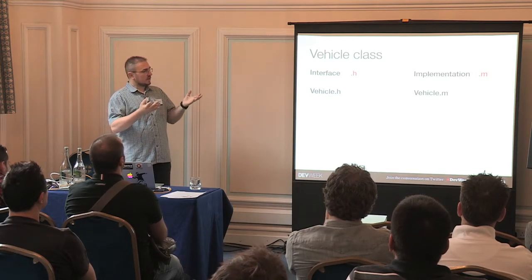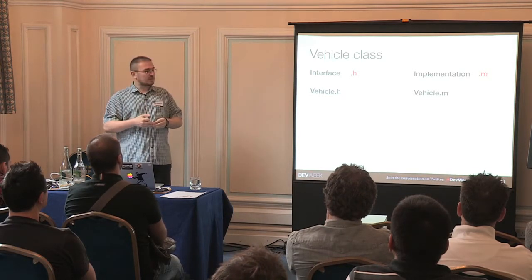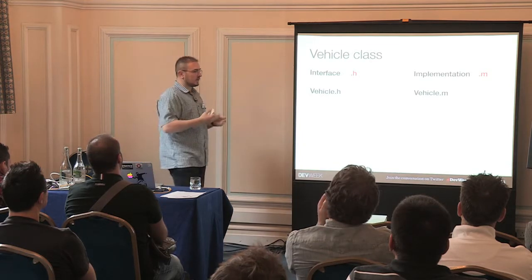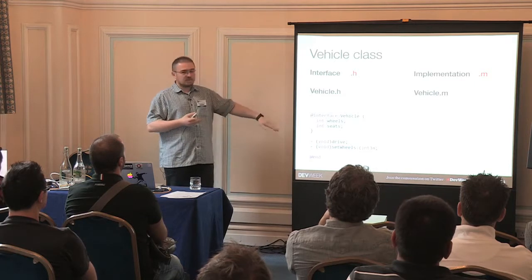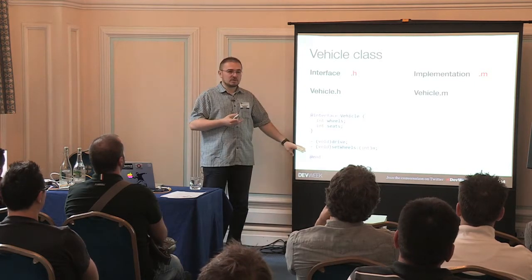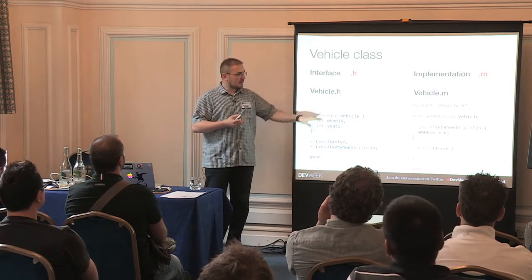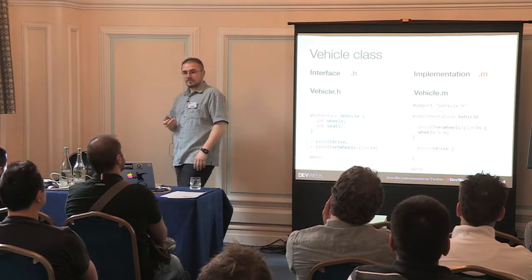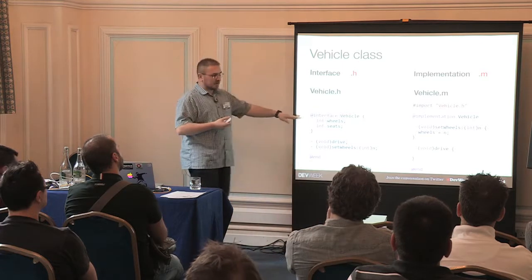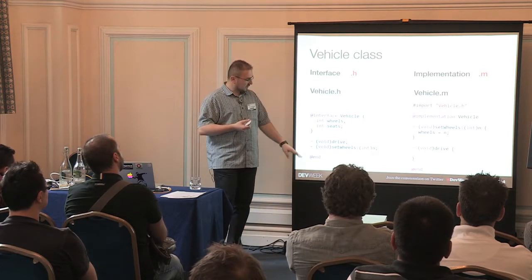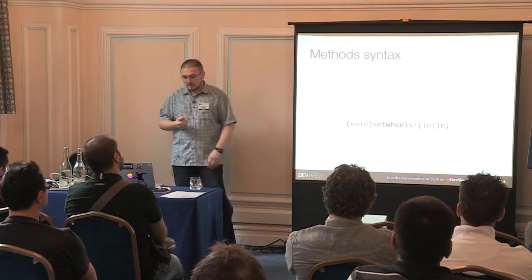When you create a class, you have two different files created for you by Xcode if you create it using Xcode. In there you define an interface, which is the public signature of your class, and you have an implementation, right? In the class you can declare instance variables, so you can declare properties and behavior.